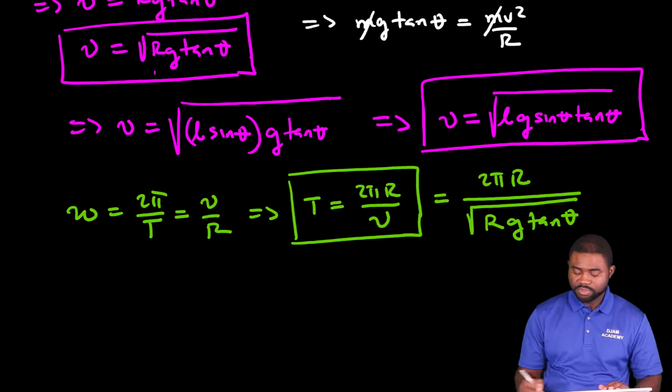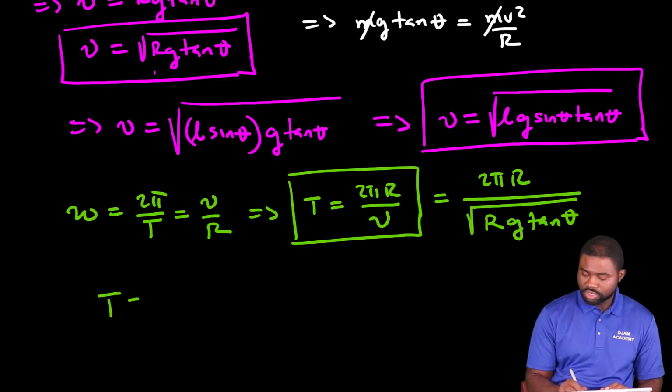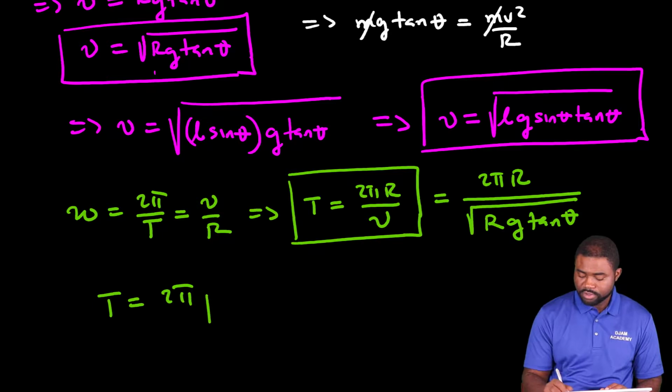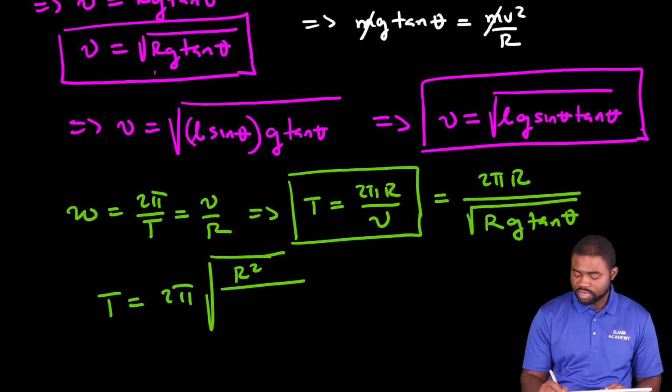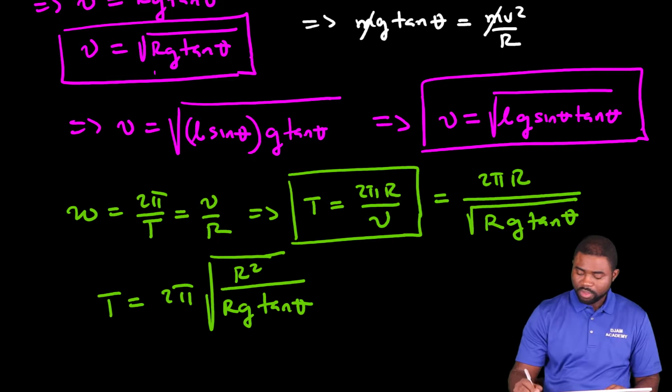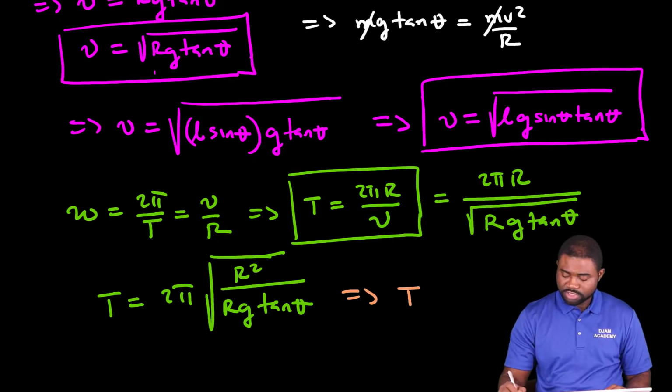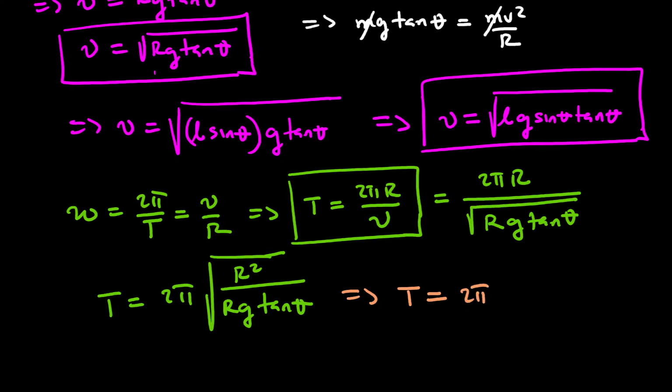If we want to simplify, T will be equal to 2 pi the square root of r squared divided by rg tan theta, which implies that T will be equal to 2 pi the square root of r divided by g tan theta.